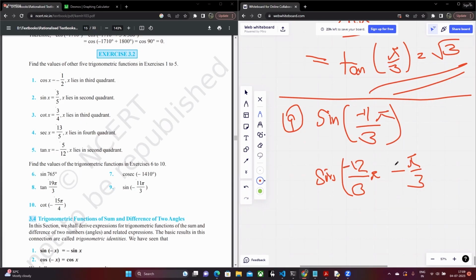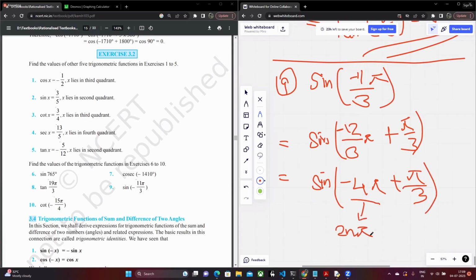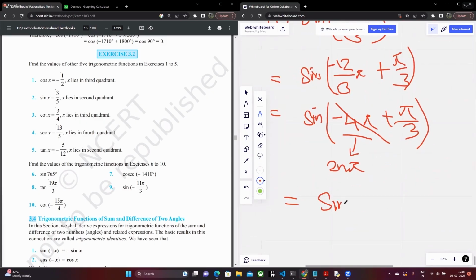A whole minus, which means that this becomes minus, this becomes plus. This is basically sine of minus 12 by 3 pi plus pi by 3, because minus 12 plus 1 is minus 11, which is basically equal to sine of minus 4 pi plus pi by 3. Right? And since this is basically 2n pi, these are complete revolutions. They make no difference. This is basically equal to sine of pi by 3. That is going to be root 3 by 2.